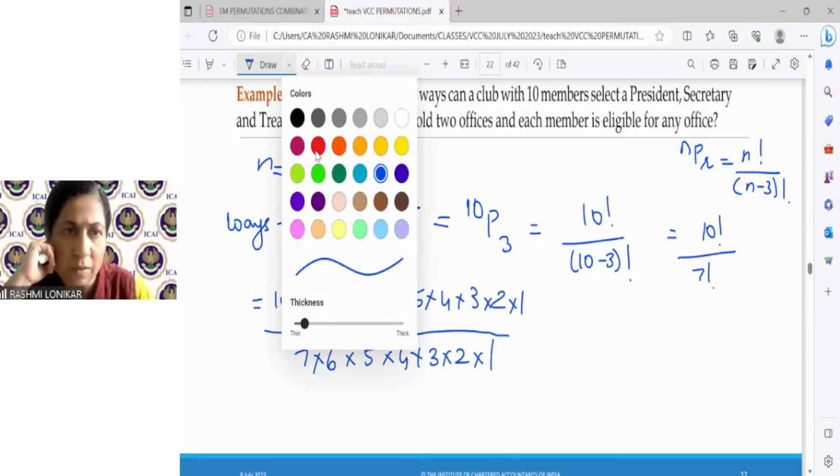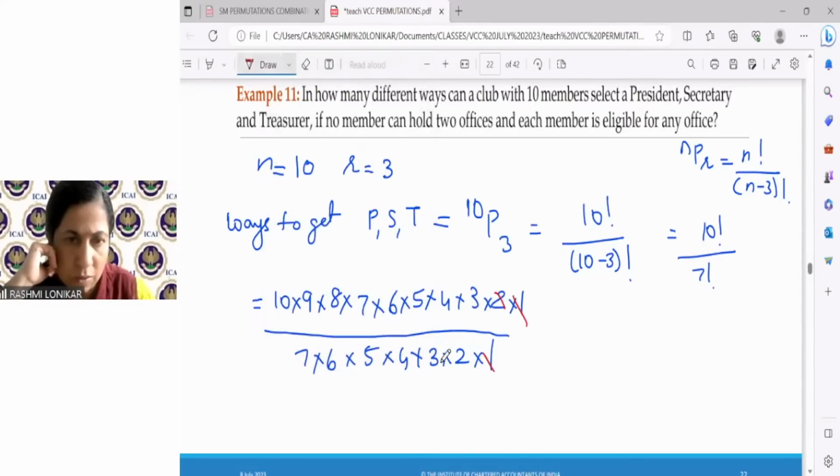Cancelling 1, 2, 3, 4, 5, 6, and 7, 10 into 9 is 90, and this becomes equal to 720.